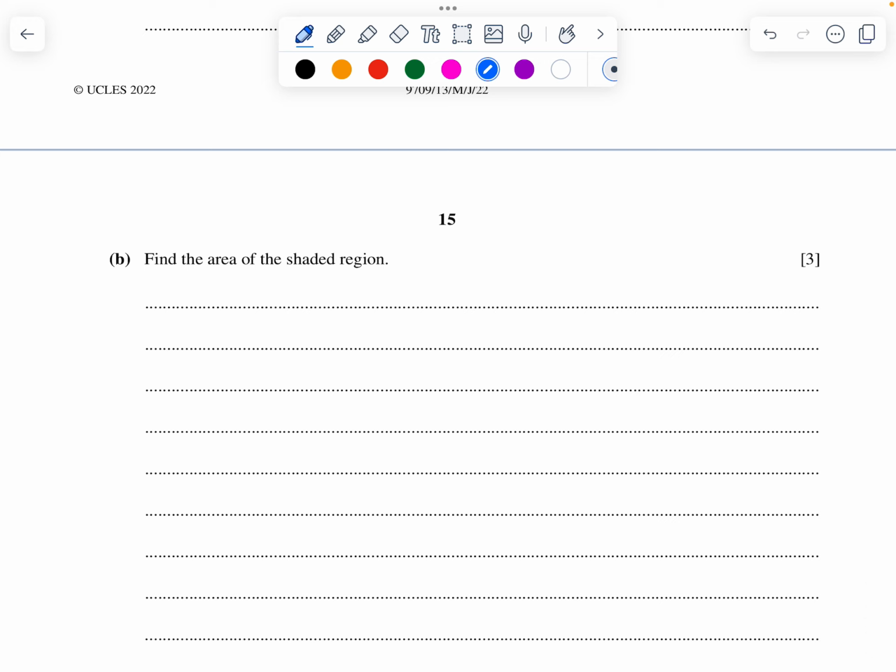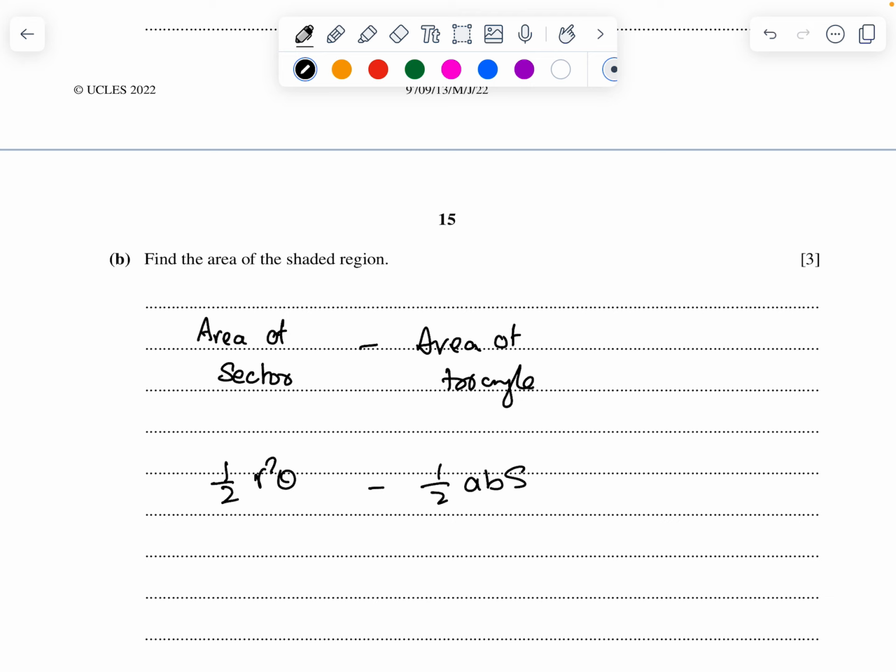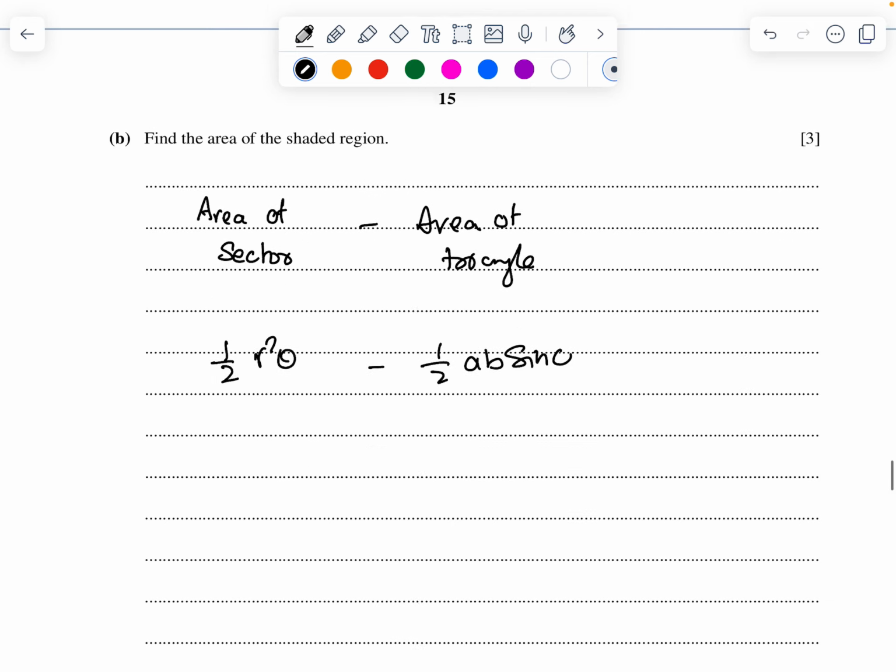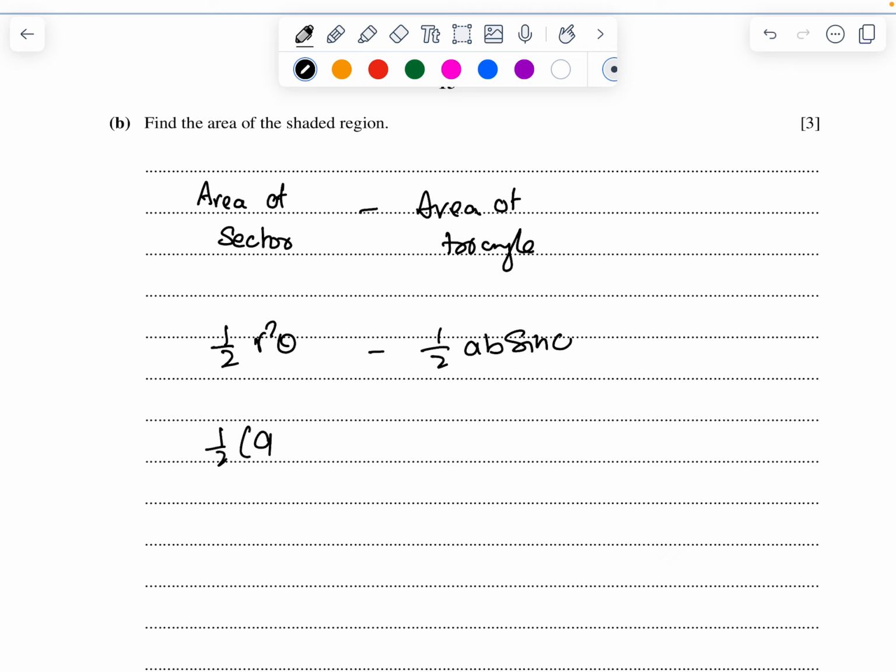Find the area of the shaded region. Area of the shaded region will be equals to area of sector minus area of triangle. Area of the sector is half r square theta and area of a triangle is half AB sine C. So half r square, 9.40 square, times theta.